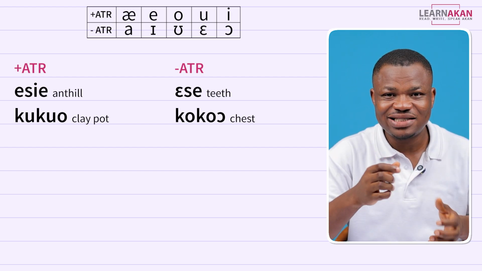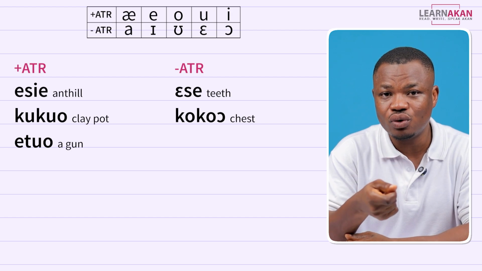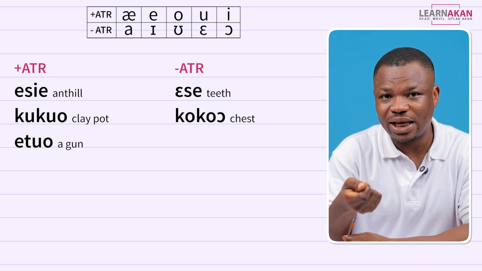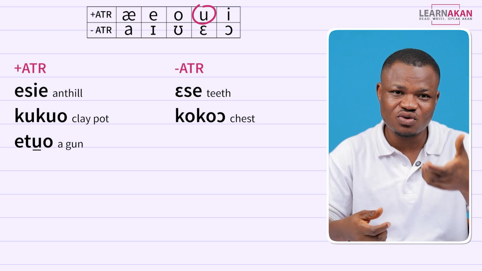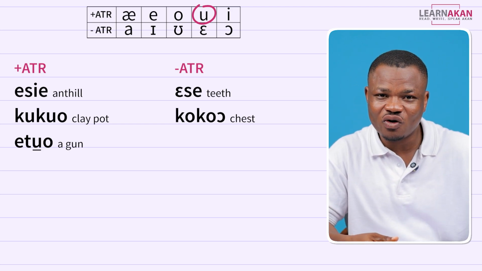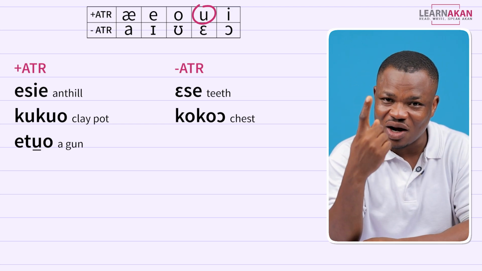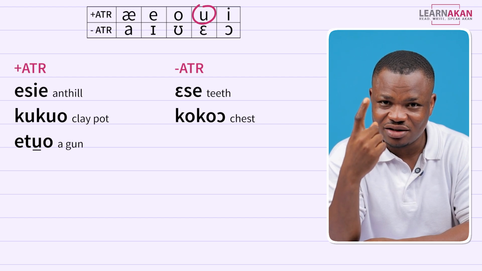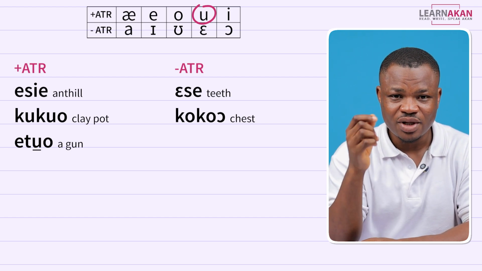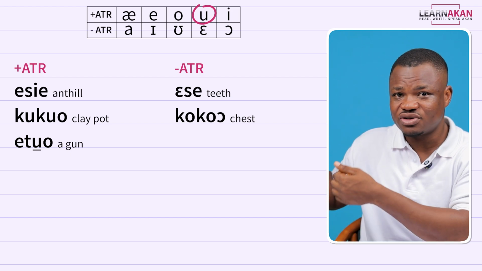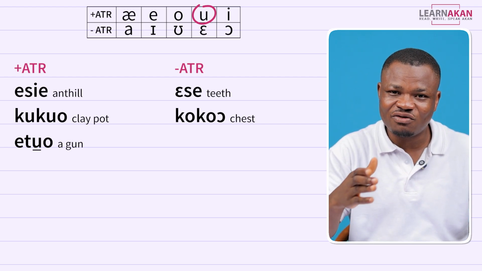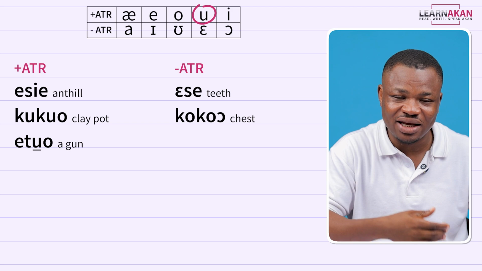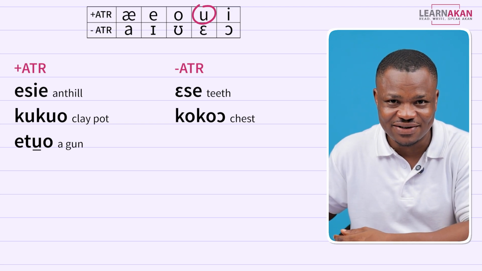All right? Let's see another example. We have a two, and you can see the U in the middle. And I told you this U is one of the 4 vowels that come with just one sound, right? So U is always U. So once you see this U, which belongs to the plus ATR set, it means every other vowel sound in there will most likely come from the plus ATR set. Okay?